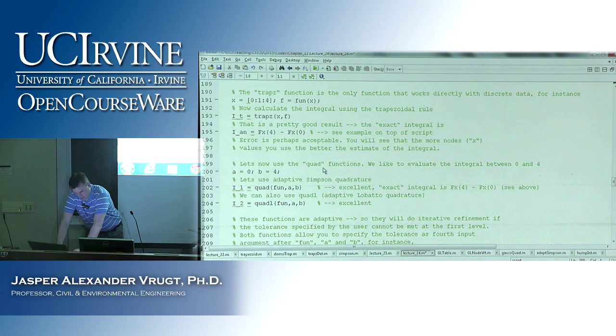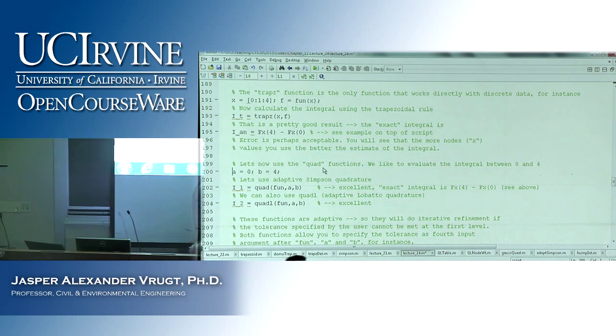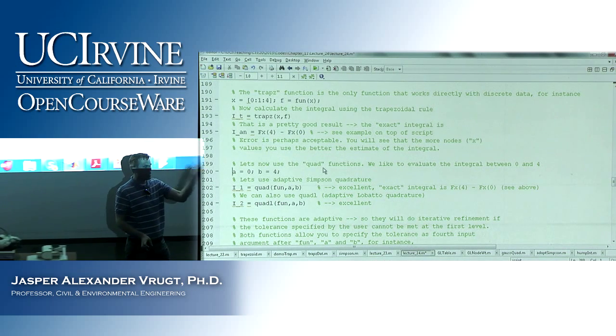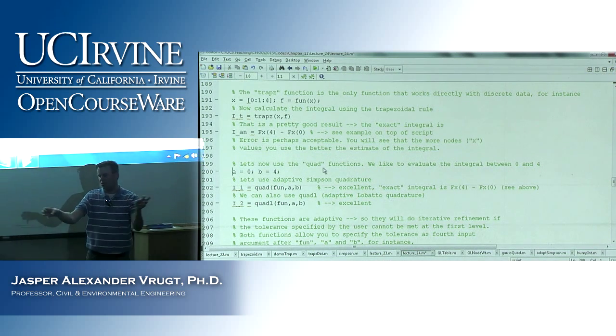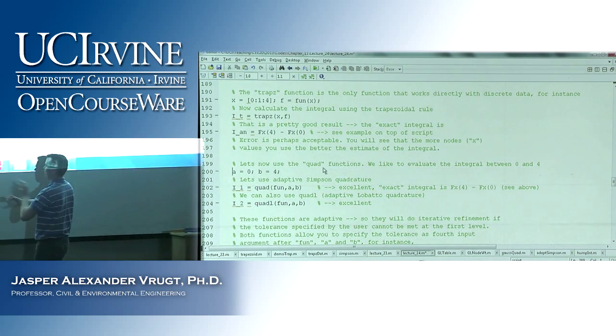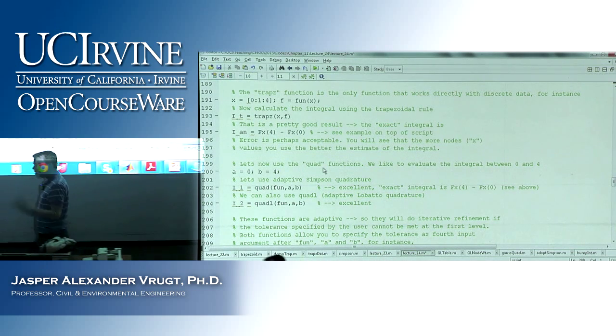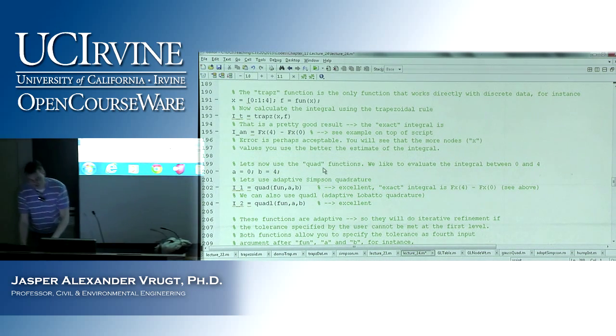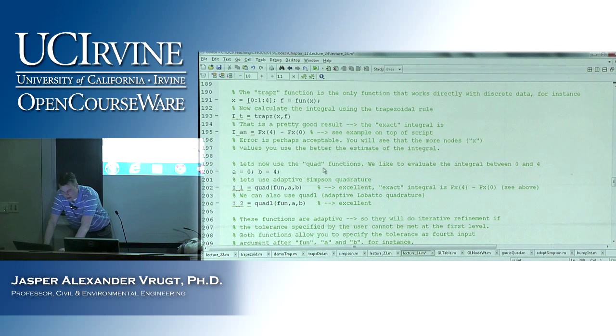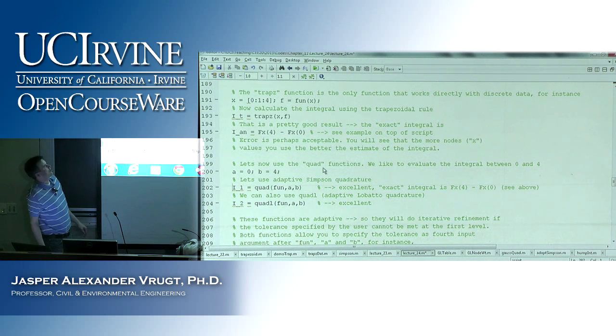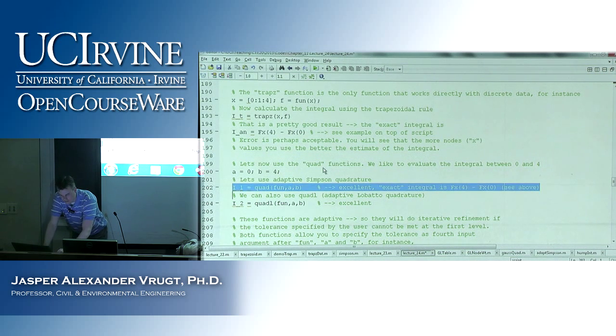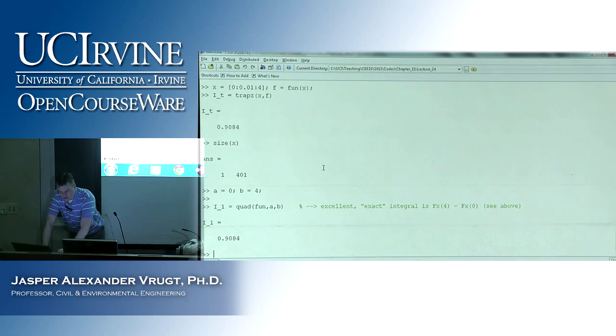But with quad we need to specify explicitly what a and b are. With the trapezoidal function, we only specify the x values and the corresponding function values as two inputs, and the function does the rest. The quad function asks you to specify the lower bound and the upper bound, because it does not ask which x values to use. The function will determine which x values to use. That's the adaptive quadrature.